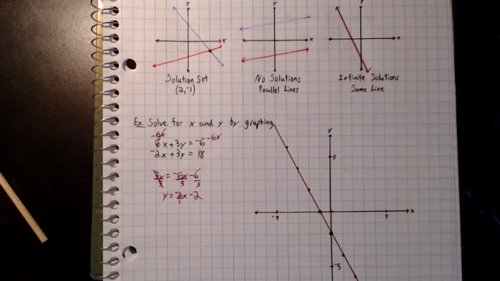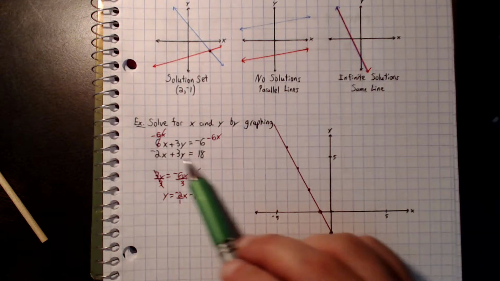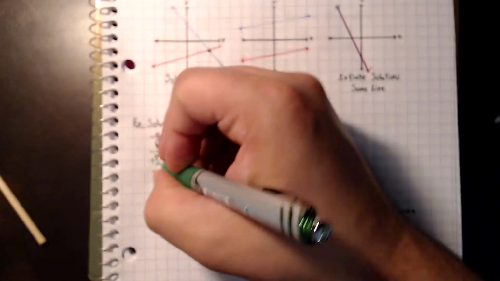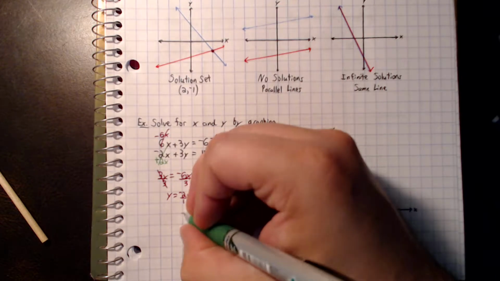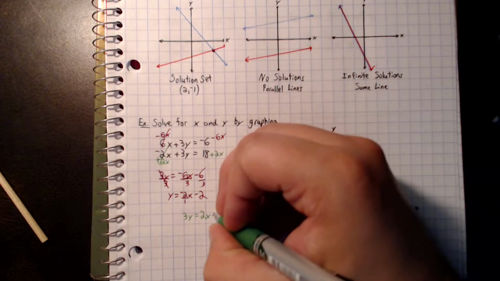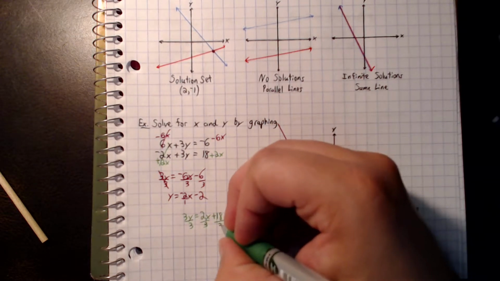That's my hope. So we have to change this second equation into slope-intercept form as well. Let's add 2x to both sides here. Again, I'm going to rewrite. I have 3y equals, we'll put my x first, and then we'll divide each term.